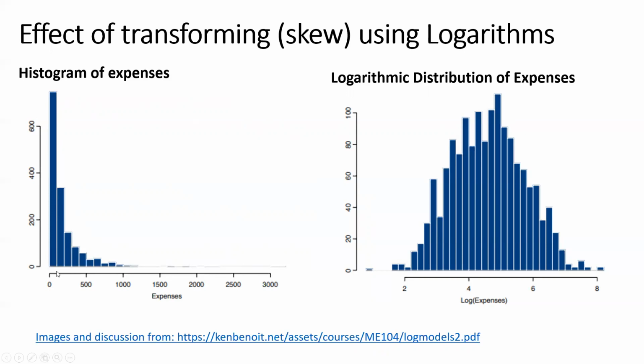When we take the logarithm of these values, we end up with a curve that is far more normalized. And so it addresses some of that skew and it squishes out some of that skew. It kind of normalizes that curve. So we can see a far more normal curve by taking the logarithm. And we like normal curves. Normal curves allow us to move forward on all of those assumptions, right? That we assume that normal variation.